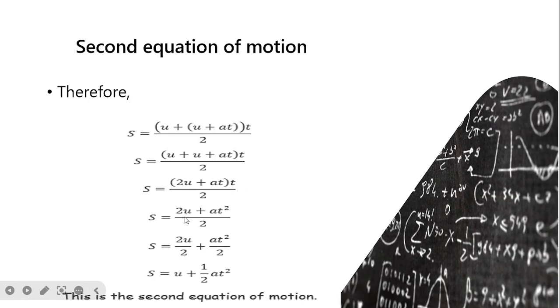So s will be equal to 2ut plus at squared over 2. Continuing, you get u t plus half at squared. So this is the general second equation of motion, s representing the displacement. So s is equal to ut plus half at squared. I hope that's clear. So this is the second equation of motion.